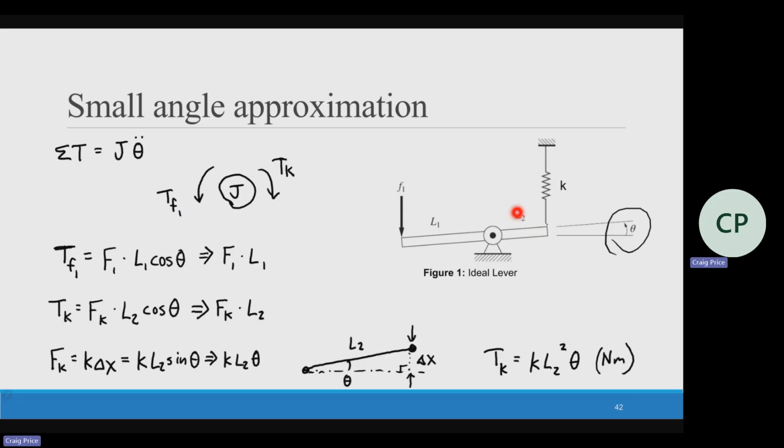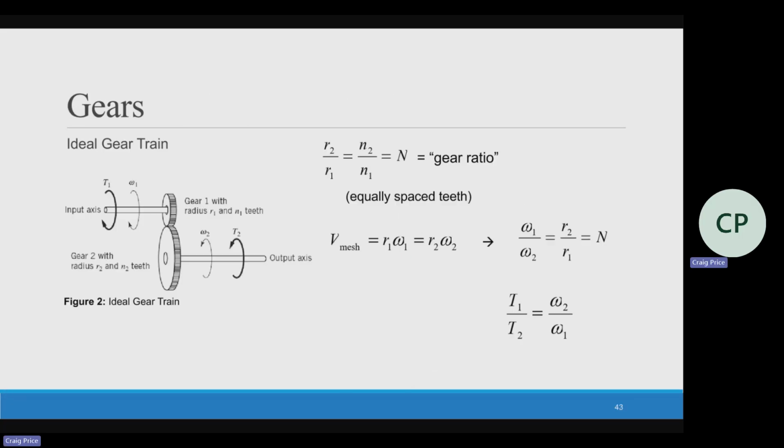The last transformer that we'll see next class, so I won't go into it too much right now, but gears. Now gears, they have lots of problems. I don't know if you took mechanical design 1, sometimes you got gear problems, non-linearities, all that. So we're just dealing with ideal gears.